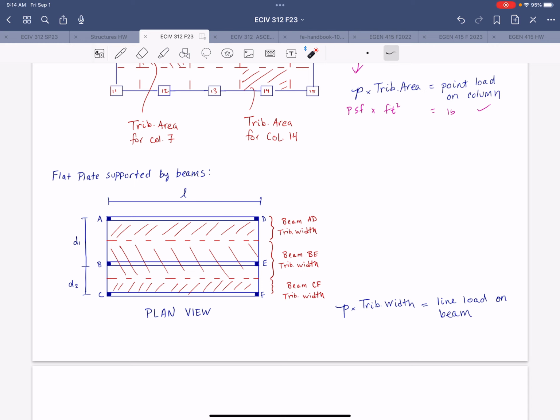For example, think about that load path hierarchy, right? A floor plate can only transfer forces to an element that directly supports it. So we'll look at an example in the next page where you do have beams in both directions, but only one of those directions directly supports the floor, right? So you have to think about that, because if that's the case, then it has to be a one-way floor system, right?